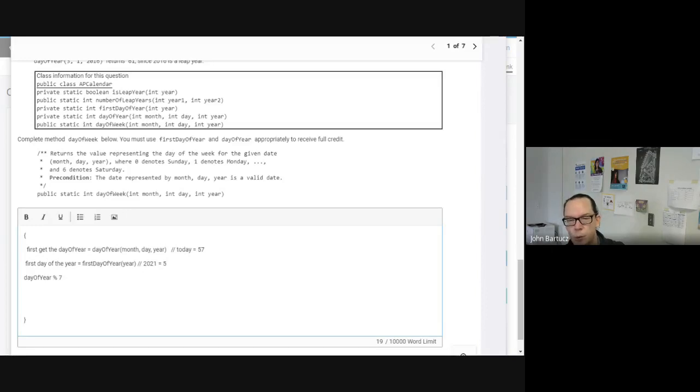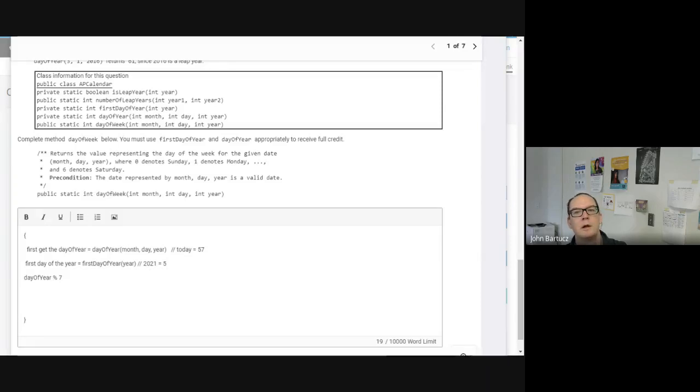How many, like if it were exactly 56, then intuitively, if you mod 7 and get 0, it should be the same day of the week as whatever it was on New Year's Day.